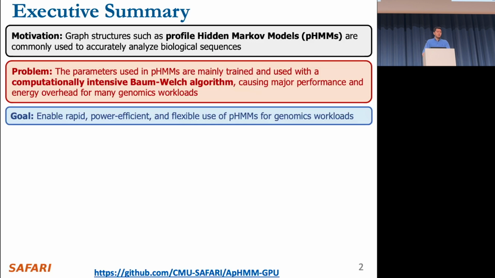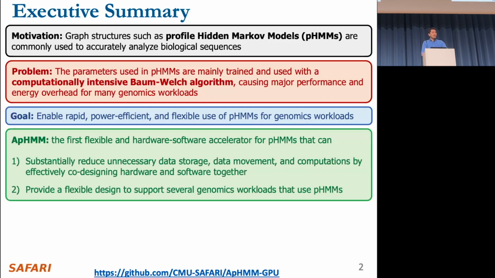Our goal in this work is to enable rapid, power-efficient, and flexible use of profile hidden Markov models for genomics workloads. To this end, we propose ApHMM, the first flexible hardware-software accelerator for PHMMs that can substantially reduce the unnecessary data storage, data movement, and computations by effectively co-designing hardware and software together.